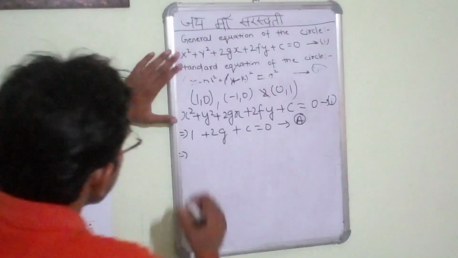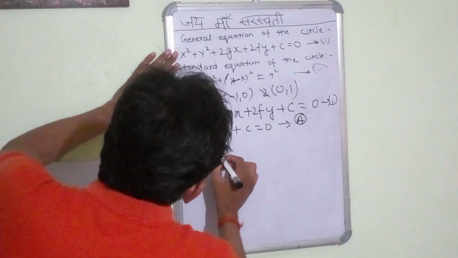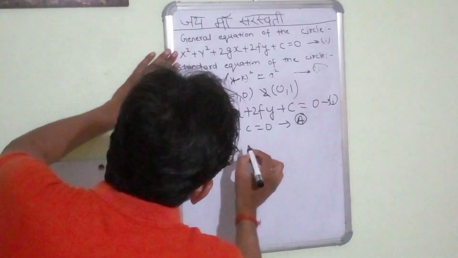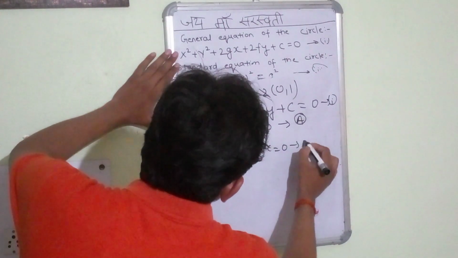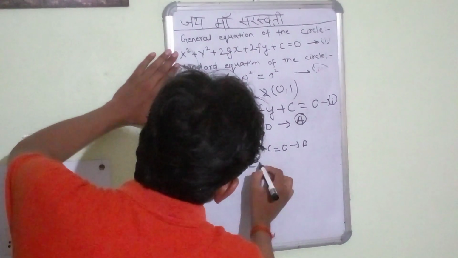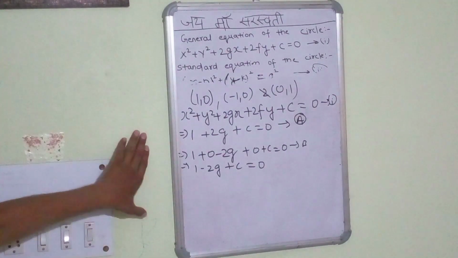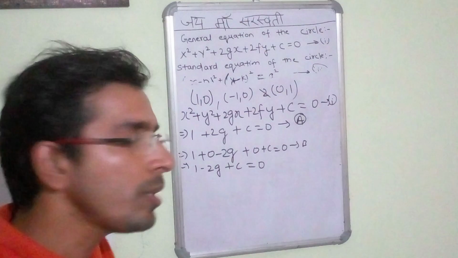Substituting minus 1, y is 0, so 1 minus 2g plus c is equal to 0, that is B.